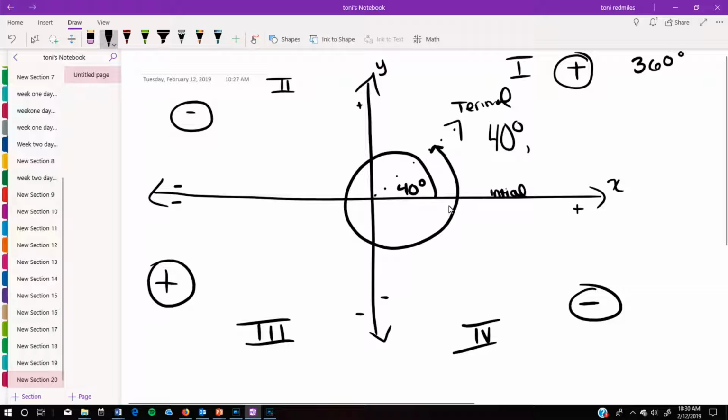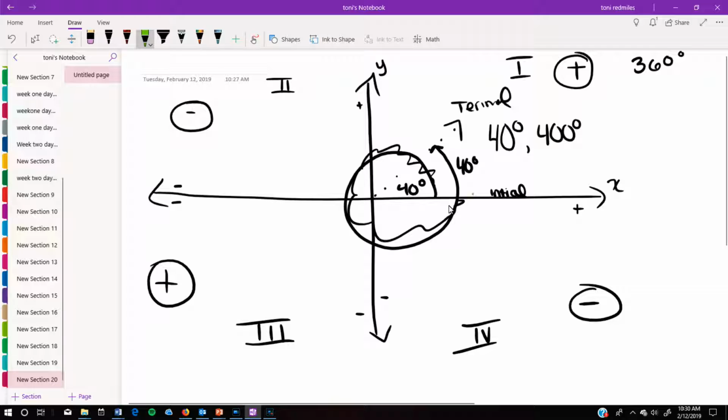The next angle would be 400. It's not any different. It's still, if I take out the 360, a 40-degree angle, and it's still in that terminal position. It starts at the same initial place, and it ends at the terminal side. It just looks different. All right, so let's go ahead and do another one.